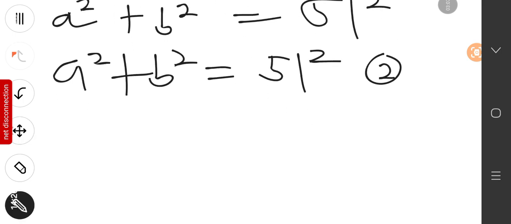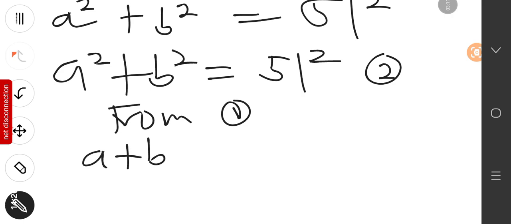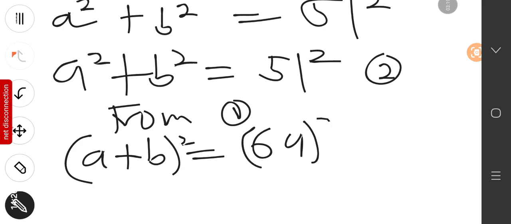Now, from equation 1, A plus B is 69. Let's square both sides so that we can use the square of a binomial formula and the values we have in equation 2.